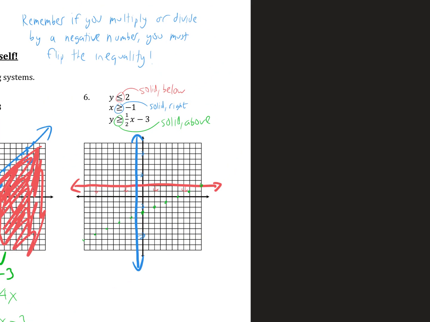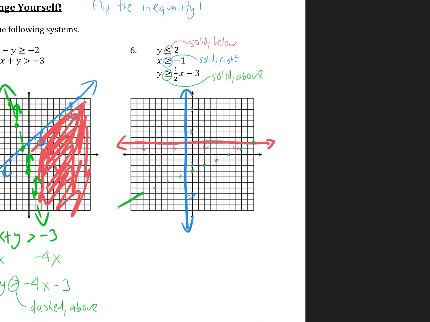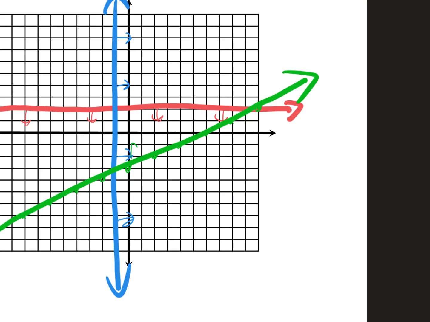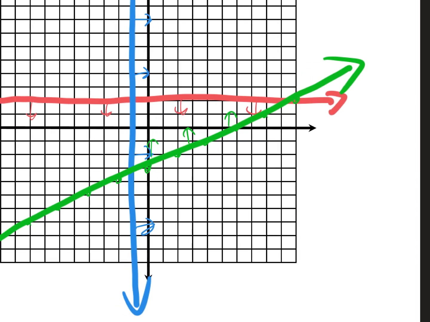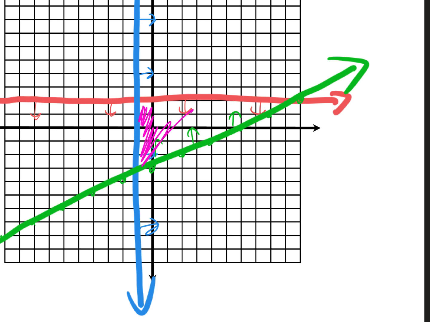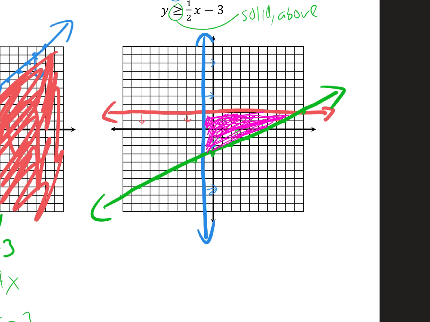It's going to be a solid line. And we're shading above. So you can kind of see, if we zoom in here, it's going to be this little section right in here. So if we do this, this is the shaded section where they overlap. Okay? So the intersection of all 3 of those graphs is going to be that little triangle right there.